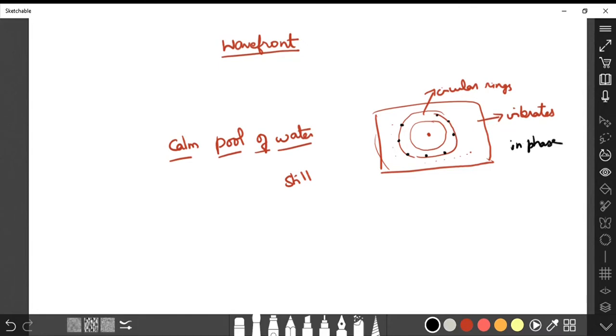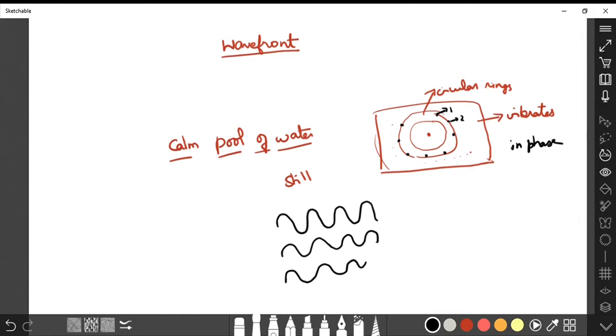The wave will have crest and trough, moving like this. Each and every particle produces waves, sending the waves in all directions, and they are all at the same distance from the source, right? All the points are at the same distance from the source.